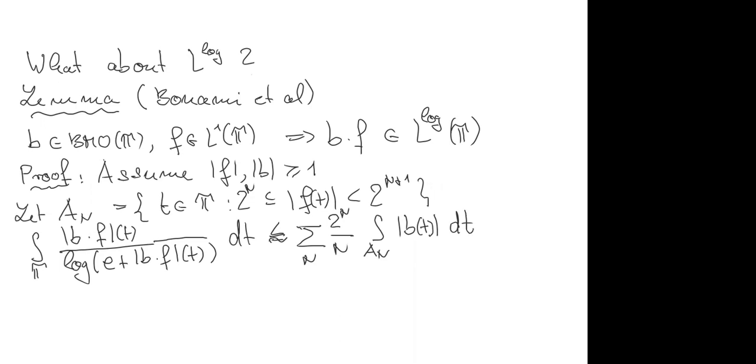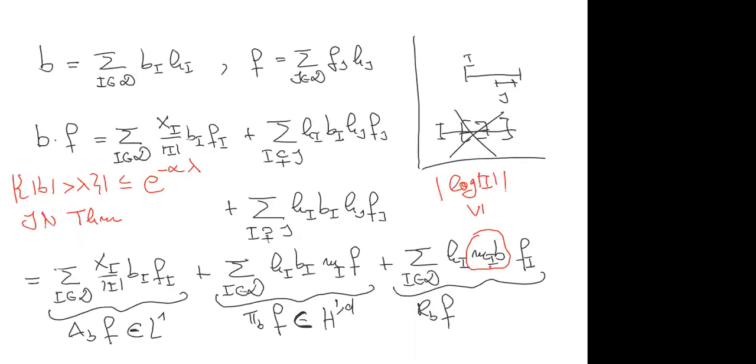Okay, and so I was mentioning before, we'll just go back here, that the average of a BMO function over the interval I can be controlled by log the length of I, and that this is a consequence of the John-Nirenberg theorem. So you can apply this John-Nirenberg theorem not only to intervals, but just for general open sets. And what you'll get there is the same log, which turns up.